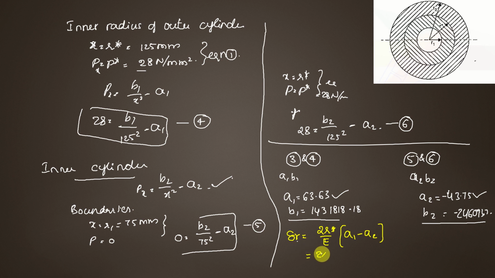So 2 into r star is 125 and Young's modulus is given as 2 into 10 power 5 Newton per mm square, into a1 is 63.63 and a2 is minus 43.75. So minus of minus 43.75. So ultimately the value is 0.134 mm.